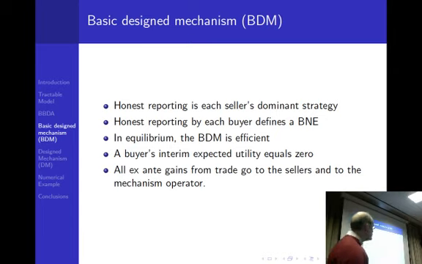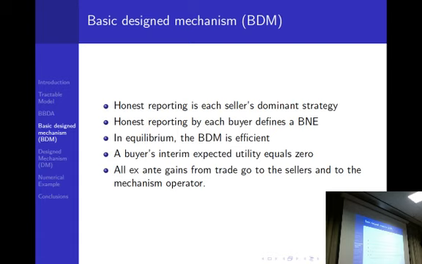Okay. Basic design mechanism. I'm going to do this in 2 steps. First, a basic mechanism where buyers will get absolutely nothing. They'll have interim utility of 0, ex-ante expected utility of 0.